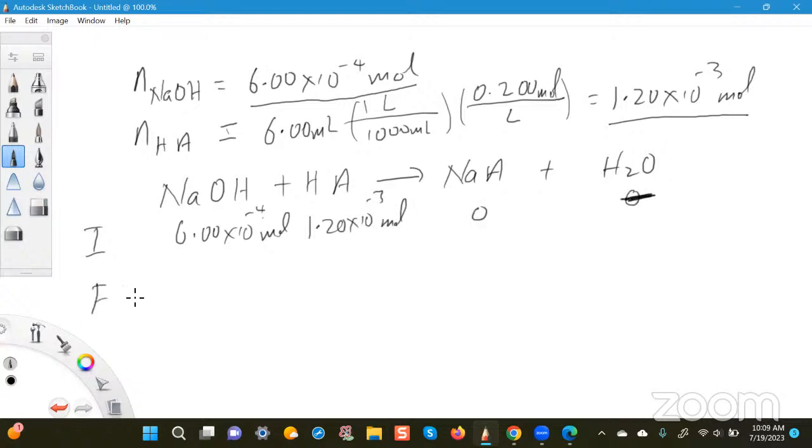And then at equilibrium, we can clearly see that the sodium hydroxide is going to be the limiting reactant, so all of it would be used up. An equal amount of the acid will be used up as well. And as far as the sodium acetate is concerned, the amount produced would be the same.